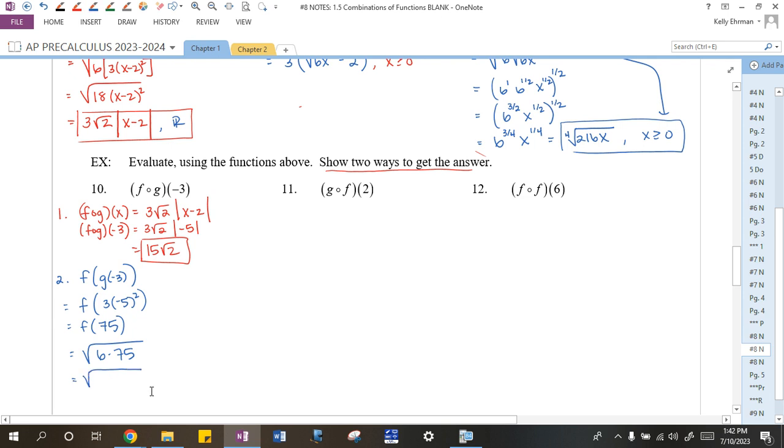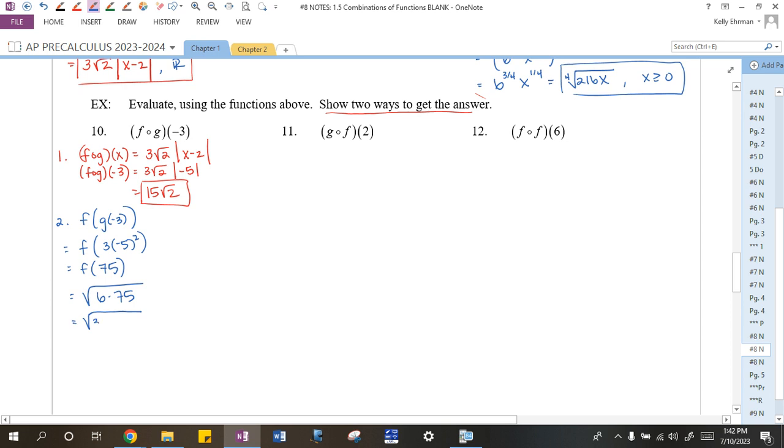Break these down into their prime factors. 6 is 3 times 2. 75 is 25 times 3. 6 times 75 then can be 2 times 3 squared times 5 squared. That shows you what perfect squares can pull out. 3 times 5. Radical 2 stays. 15 radical 2.